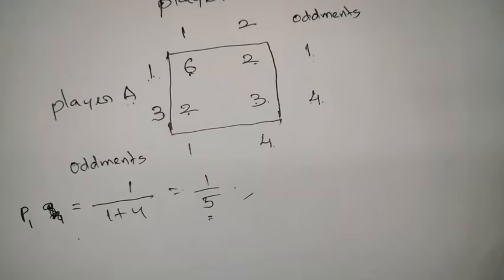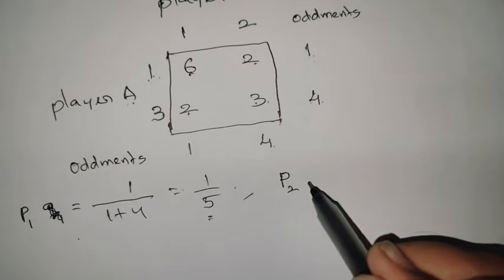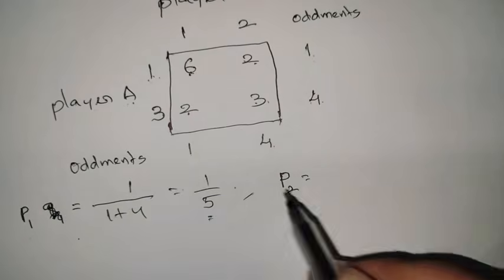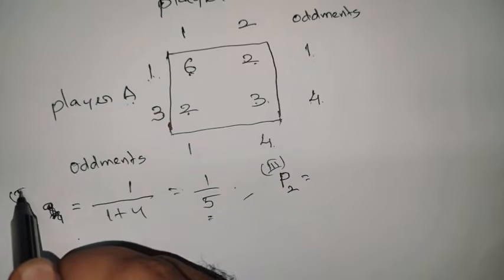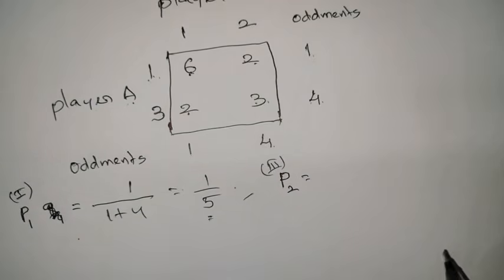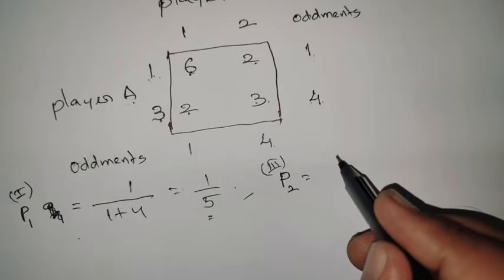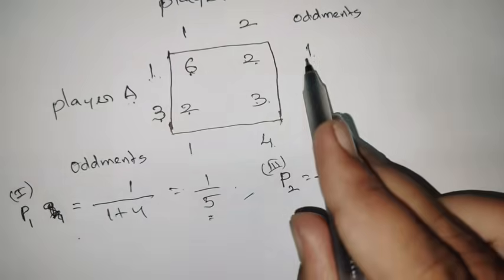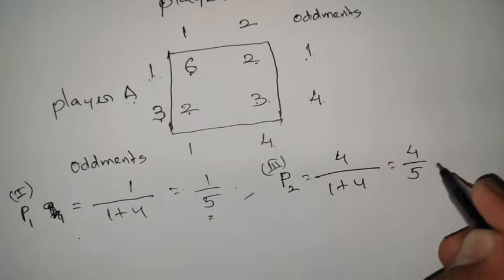Similarly, probability of selecting the third strategy. So we can take it as P2 is equal to. This is for the third strategy and this is for the first strategy. What is the third strategy argument? 4 by the sum of arguments, 1 plus 4, is equal to 4 by 5.